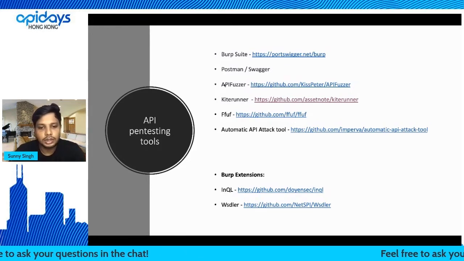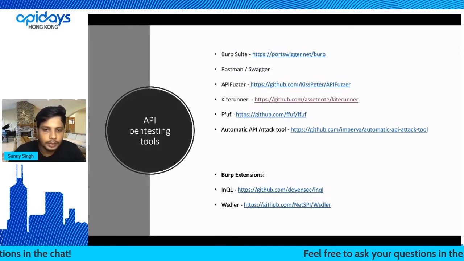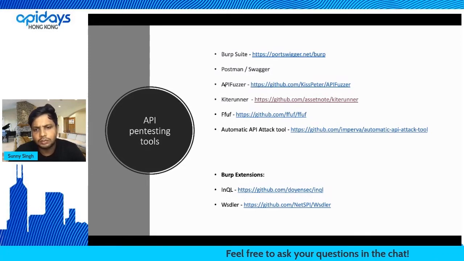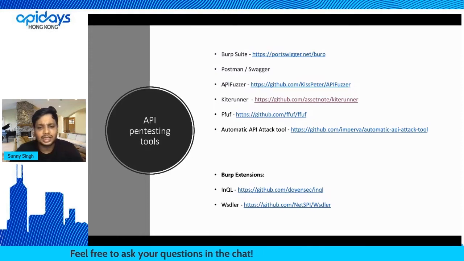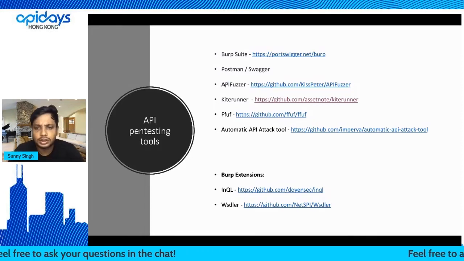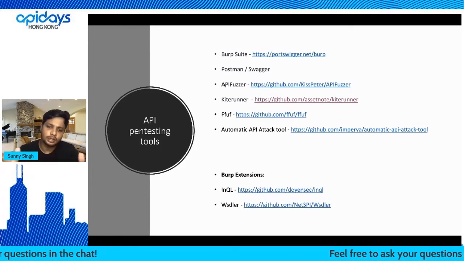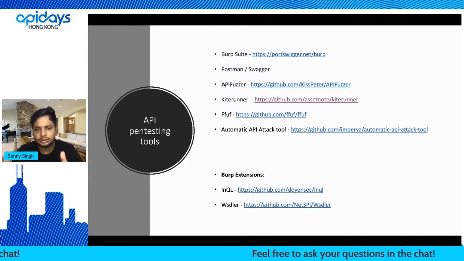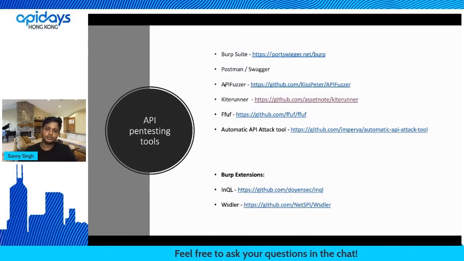And one tool that I like the most is the Automatic API Attack Tool, which is by Imperva. It's going to basically scan your API and give you the list of vulnerabilities associated with it, right?